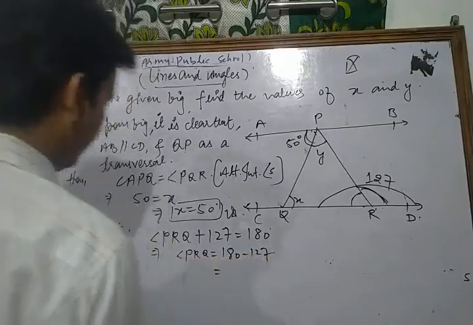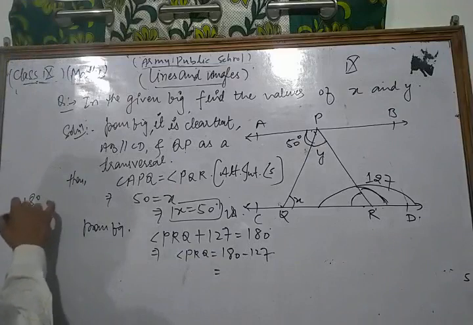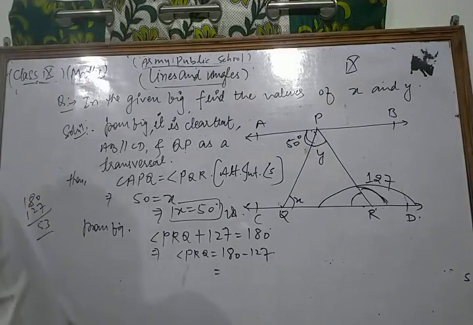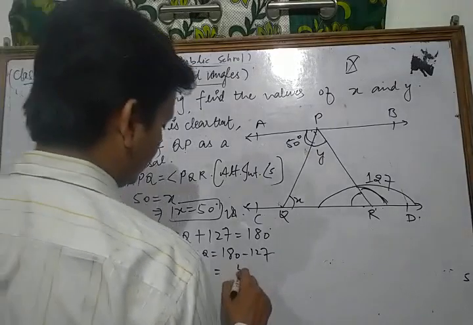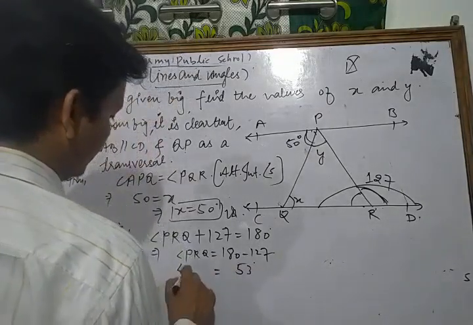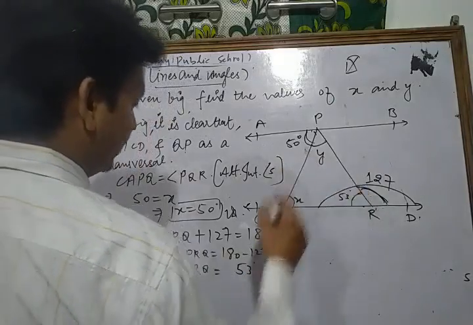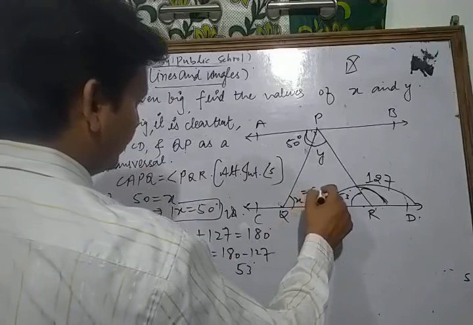Subtracting, 180 minus 127 is 53. So angle PRQ is 53 degrees, and x is also found to be 50 degrees.